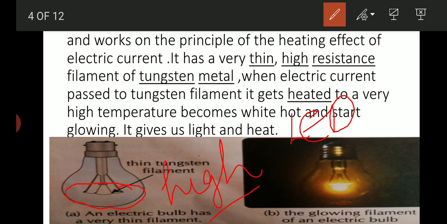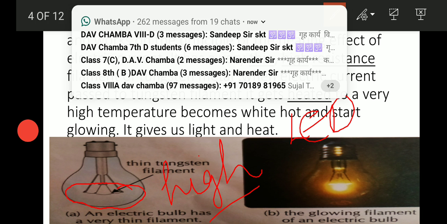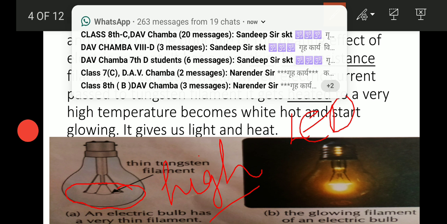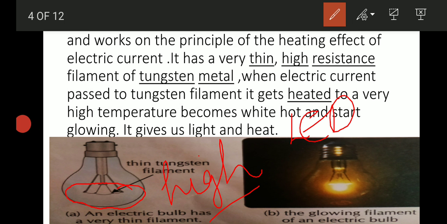So they do not waste electricity by producing heat, and hence they are very power efficient. Another advantage of LED and CFL is that they can be fixed in ordinary bulb holders which are used for electric bulbs. Though LED and CFL are initially more expensive to buy, their running cost is much lower because they consume very little electricity, and that is why they are trending nowadays.